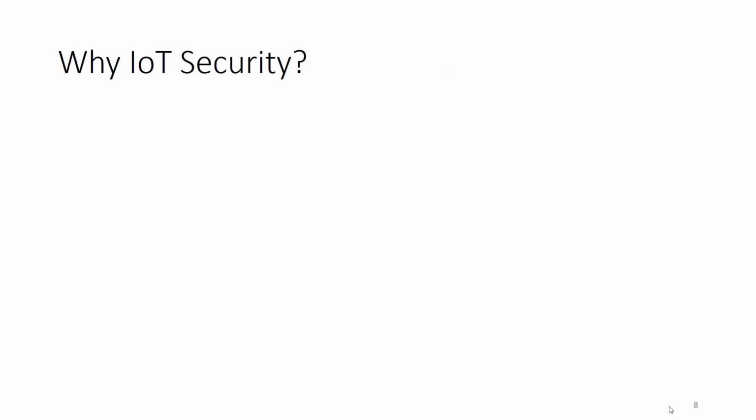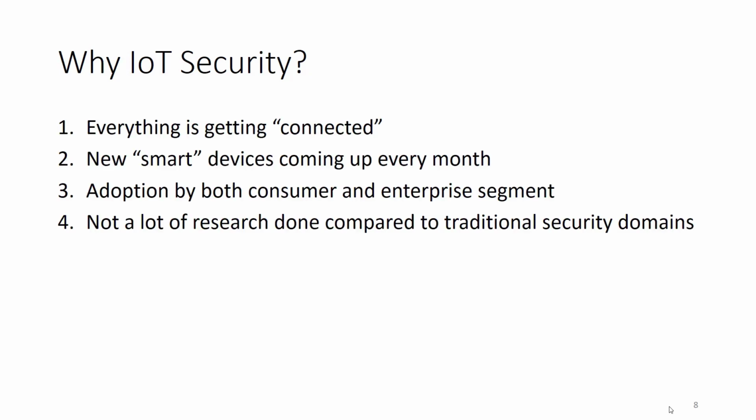So as of now, we have already understood a bit of IoT security. Why do we need it? Since everything is getting connected, new smart IoT devices are being added to your home and your personal network every day, every month, and even every span of time wherever you go. Not only in your home, but in the enterprise section also.